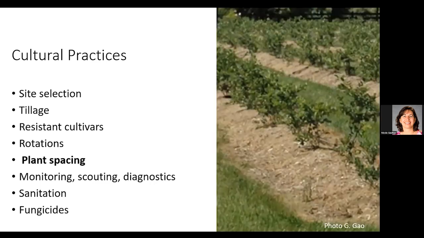Next, plant spacing. As we set plants out, the spacing will determine air circulation. And in the plant disease world, air circulation will reduce canopy humidity and increase airflow, drying leaves off more quickly. We didn't talk about this today, but we talked about this in last year's webinar: environmental conditions are the driving force behind disease development and disease severity often.